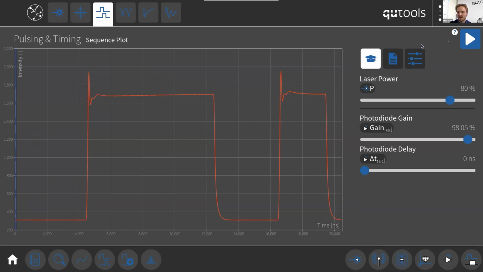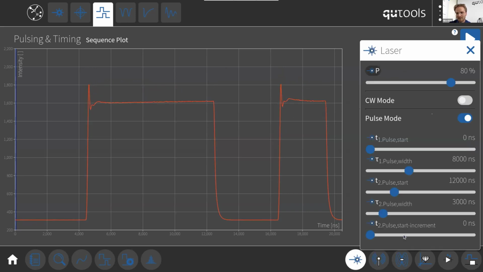And a lot of the parameters are preset by pressing this play button on each of the experiments. The first three, again, just like in the other one, are to get to know the device and the different parameters that you can set, like the laser, and all of this is real time as well, of course.